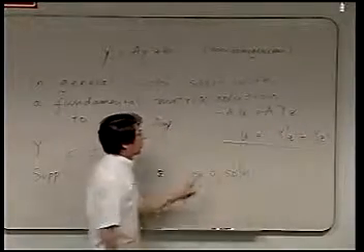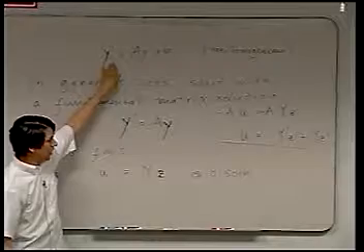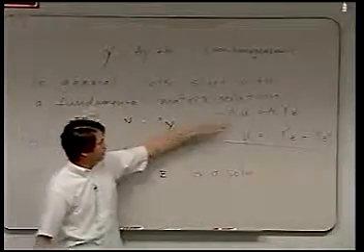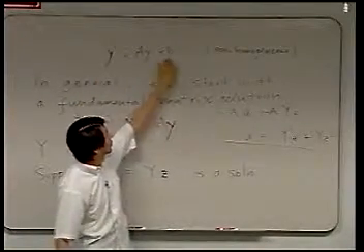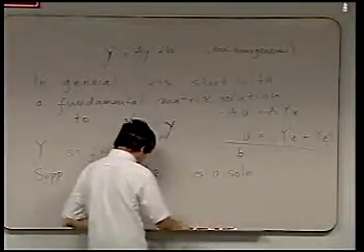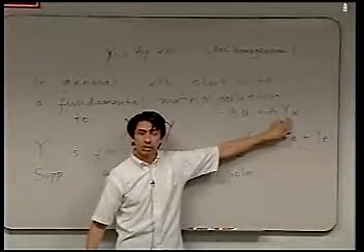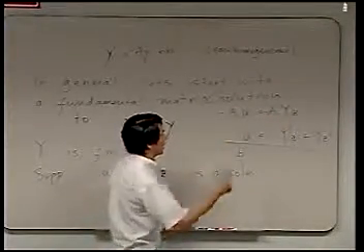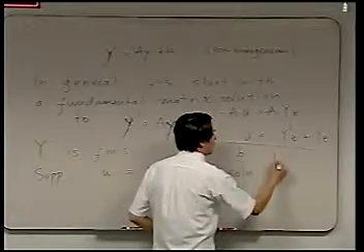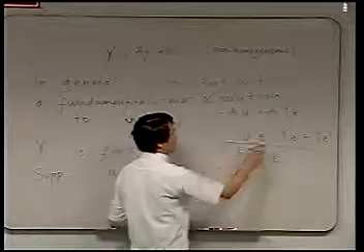Now, since we're assuming u solves this equation here, when we combine these two, we're going to get b. Since we know Y is a fundamental solution, on the right-hand side we're going to get something that becomes 0.